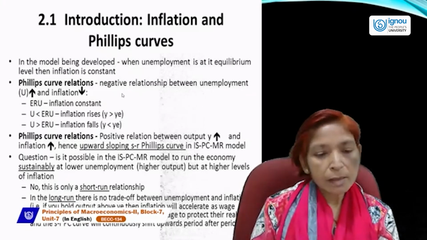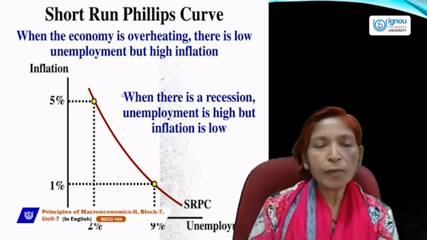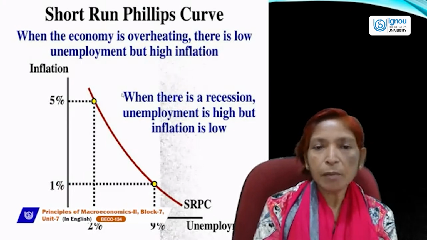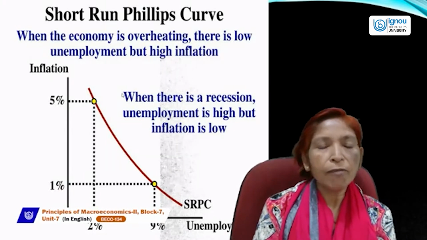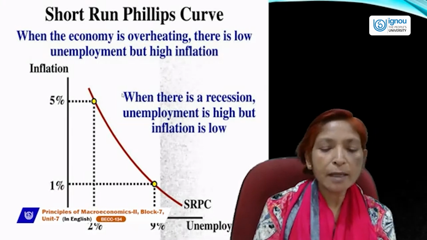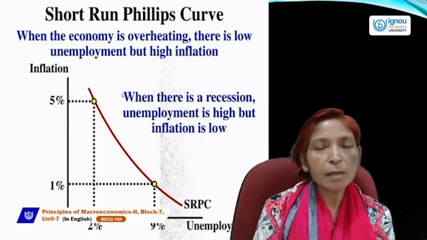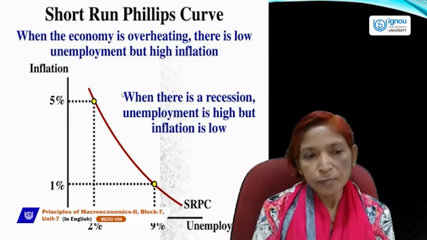Now next is the short run Phillips curve. How can we draw the short run Phillips curve? A.W. Phillips explained the relationship between wage inflation and unemployment, and there is an inverse relationship between inflation and unemployment.